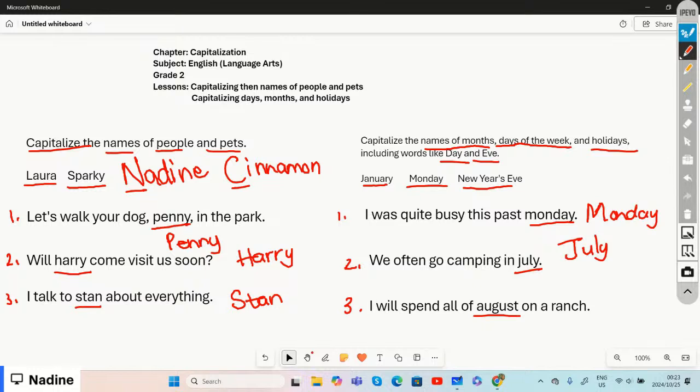So if we were to fix that word, we capitalize August. Capitalize the first letter of August. So before we even continue, we need to capitalize names of people, names of pets, days of the week, and months in the year.